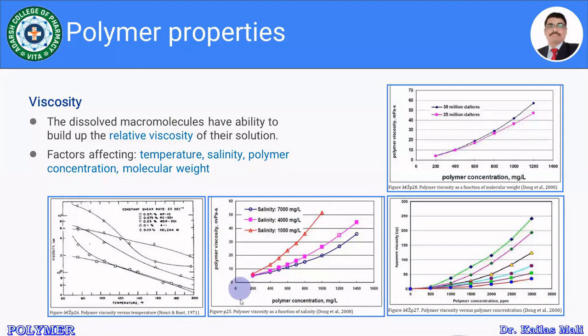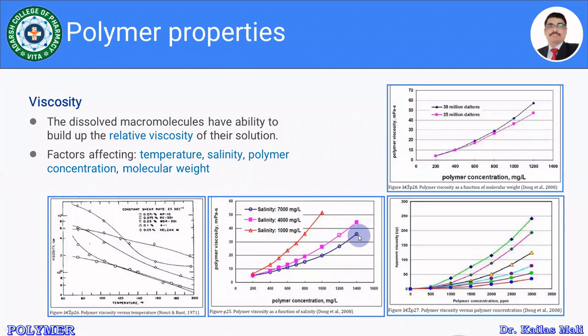As the polymer concentration increases, the polymer viscosity is going to be increased in presence of electrolytes or in presence of salinity. As we are increasing the concentration of the ions which are present in the solution, that is say from 1000 to 4000, 4000 to 7000, furthermore there is a decrease in the viscosity of the polymeric solution.